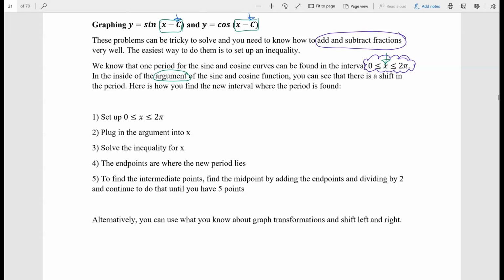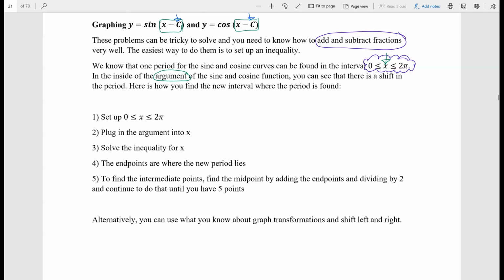The reason why I'm doing this is because later on we're going to have a b in front of the x, and then it's going to be really difficult to do. If you've taken trigonometry before, your other instructors might have taught you differently. There are many different ways that you can graph sine and cosine functions.